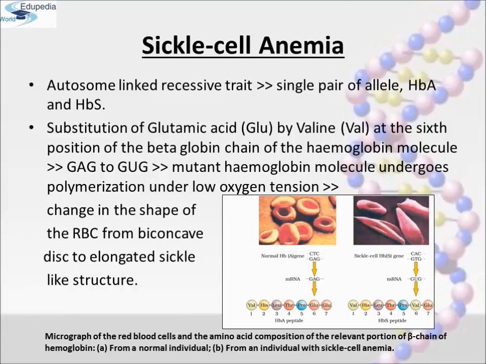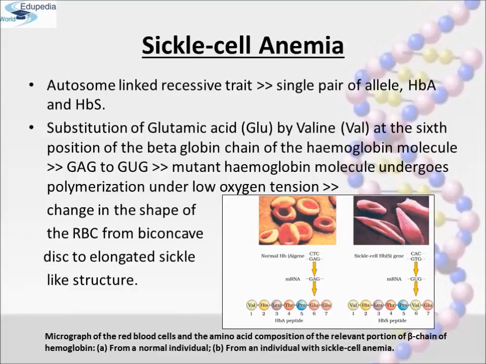Out of the three possible genotypes, only the homozygous individual, HBS HBS, shows the diseased phenotype. Heterozygous HBA-HBS individuals appear apparently unaffected, but they are carriers of the disease and there is 50% probability of transmission of the mutant gene to the progeny, thus exhibiting sickle cell trait.